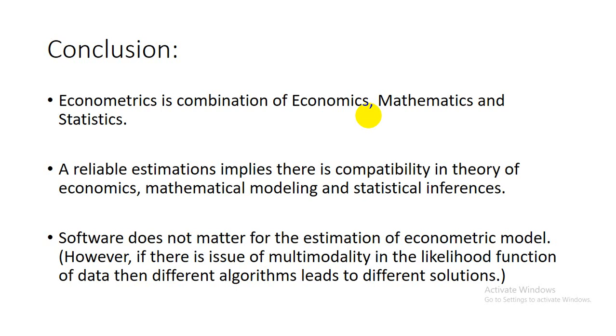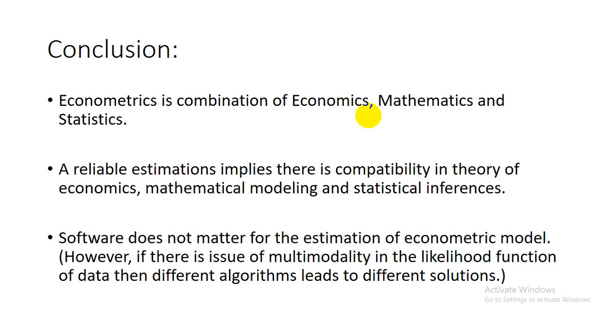And another conclusion from this short video is that the software does not matter for the estimation of an econometric model. However, if there is multimodality in the likelihood function, then the result could be different, because different algorithms in different software could lead to different global points, and hence you will have different estimated parameters at different locations of the likelihood function.